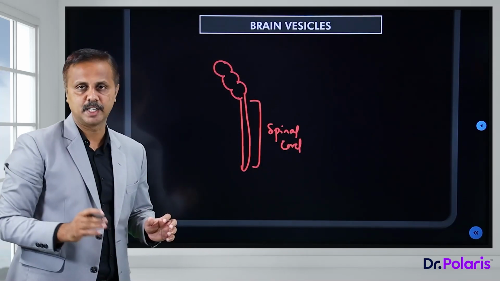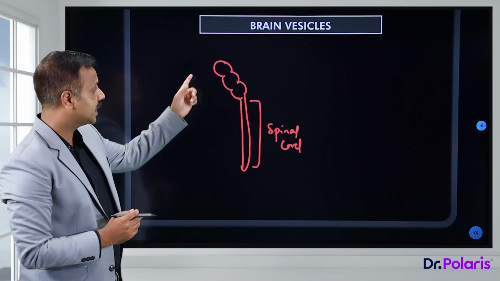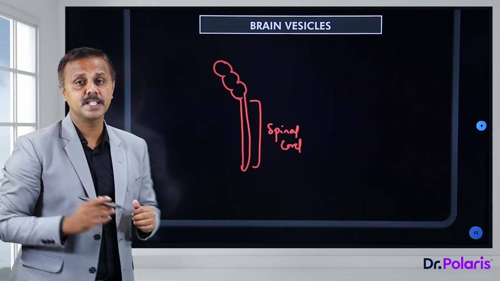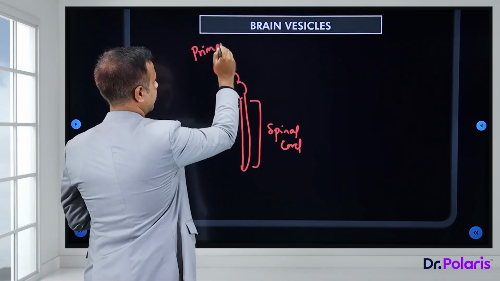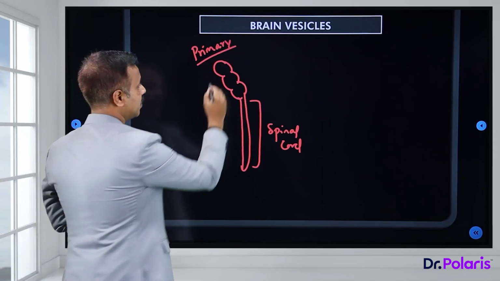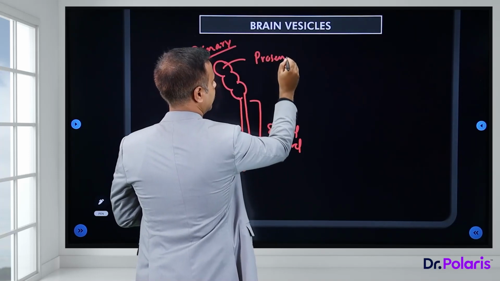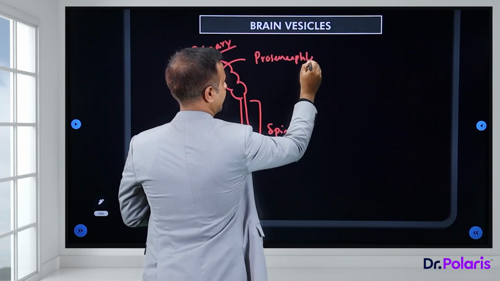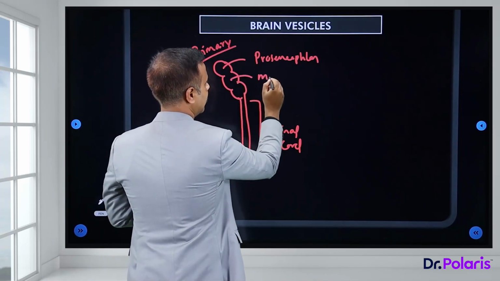Right? That is clear. When we talk about the brain vesicles, as I said, initially there are 3 brain vesicles. These are referred to as the primary brain vesicles. Right? Now, the primary brain vesicles: this is referred to as prosencephalon. Then we have the mesencephalon.